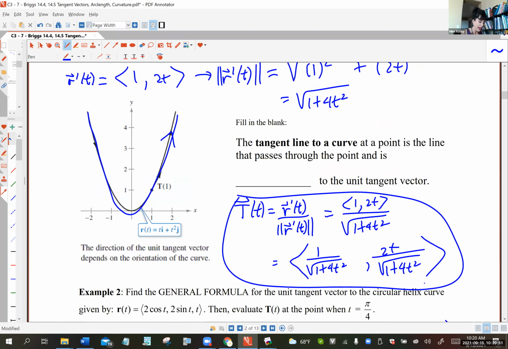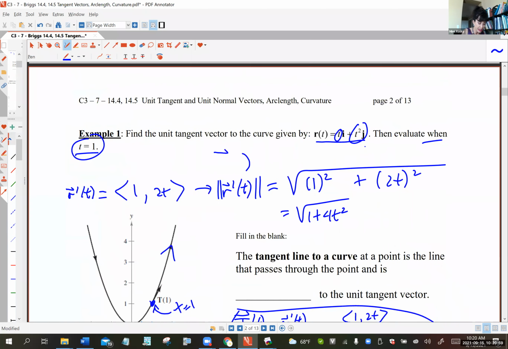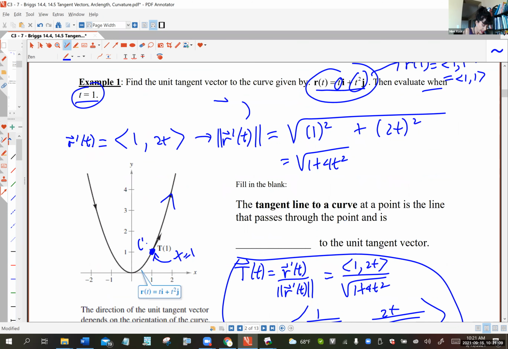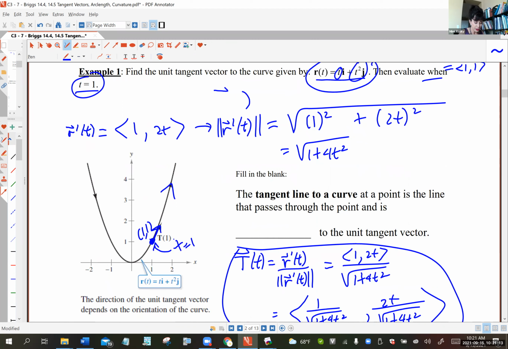And they did a little graph for you here. When time t equals 1, if you plug t equals 1 into your position vector, you get the point at which you have this tangent. So the point (1, 1), and they did show us there, so that's the position, and at that position, this little unit tangent vector.